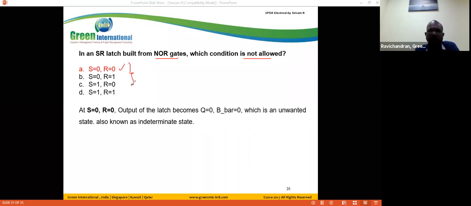This depends on the values in the truth table only. So before going to the exam, just see the truth table one or two times. You will be able to get that.